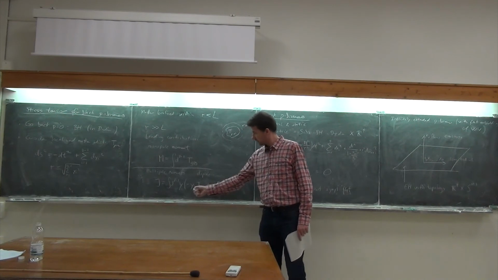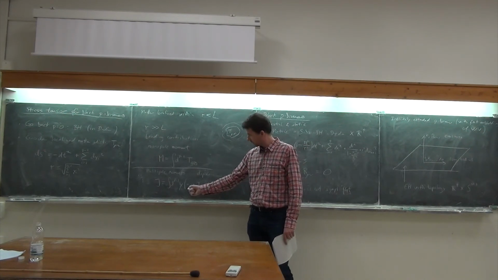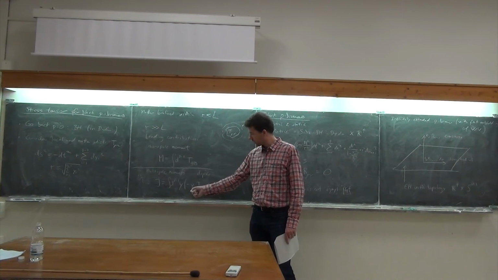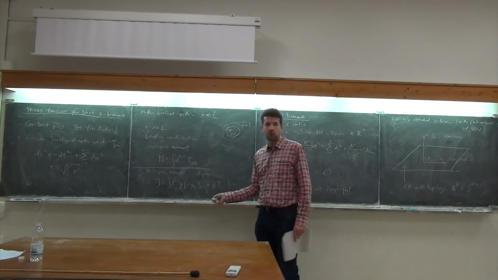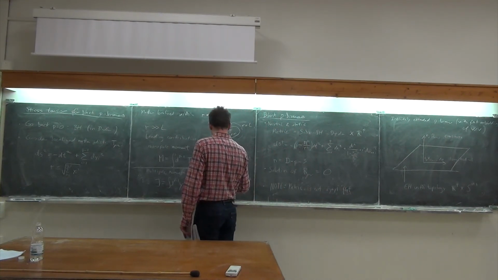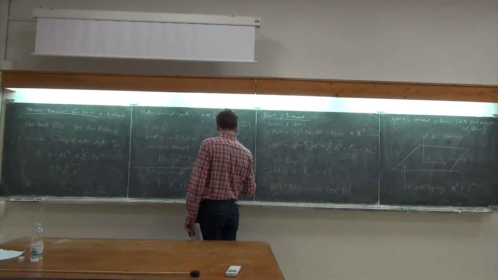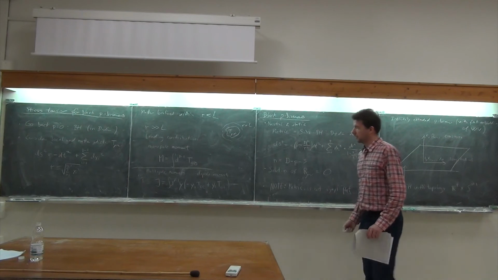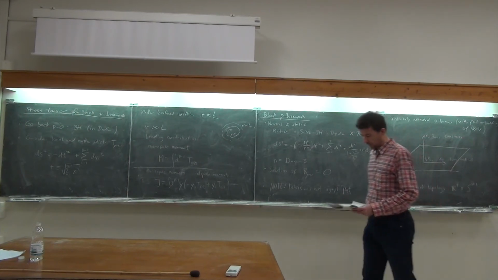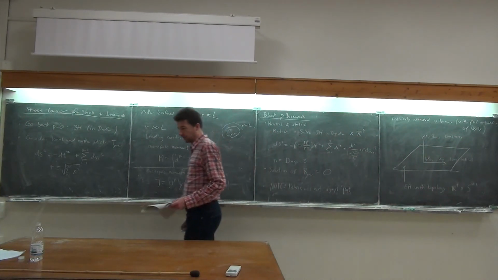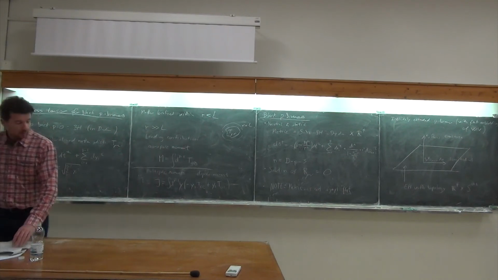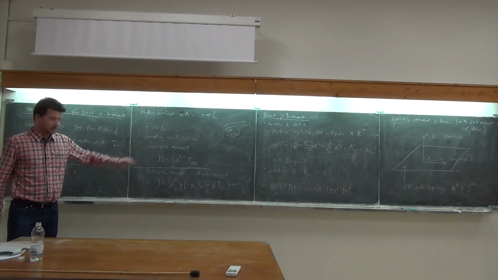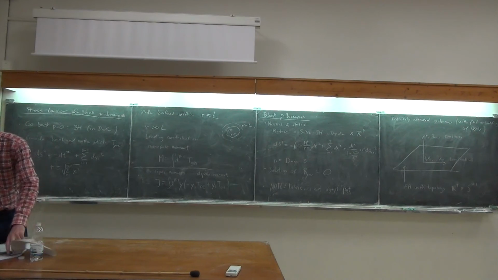Since when I integrate I have the coordinates in here, it's not the monopole moment anymore. So this is instead a dipole moment of the matter distribution. And you can find all kinds of higher moments as well. But what I will focus on is this monopole moment.